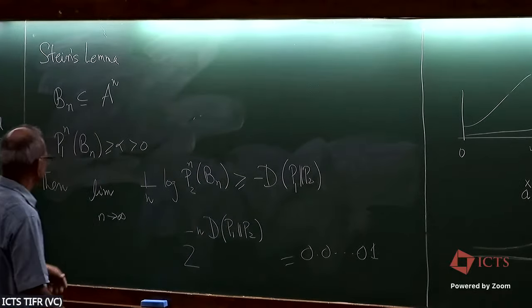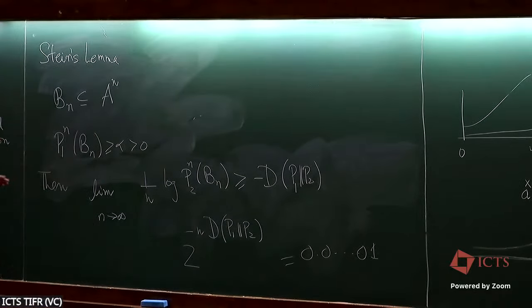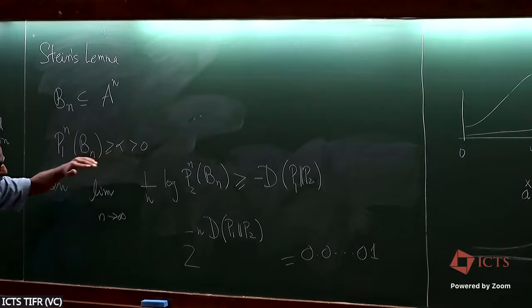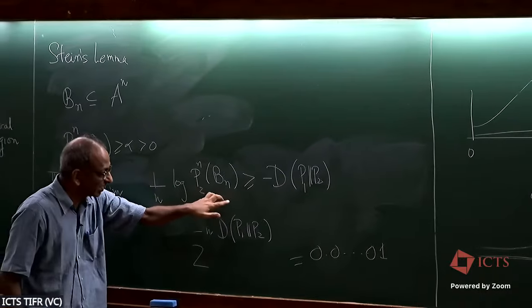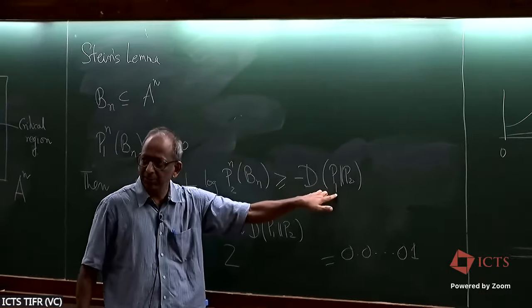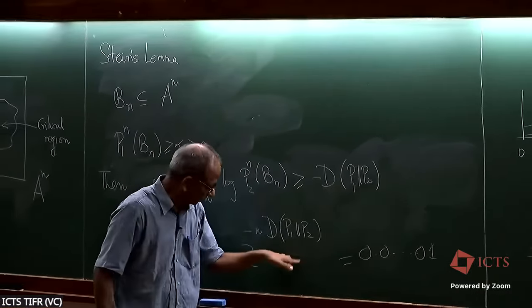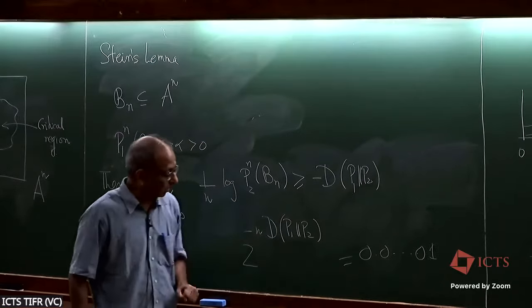This was only one direction. This says that any test which succeeds here with probability alpha, no matter what alpha, even if it succeeds here with constant probability, it will necessarily succeed here also with this probability.